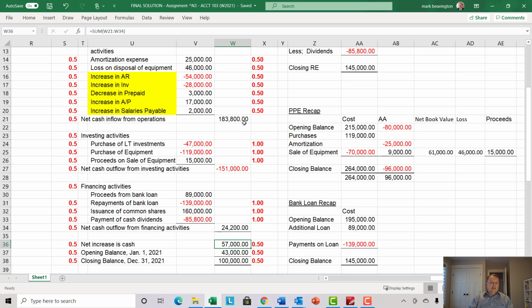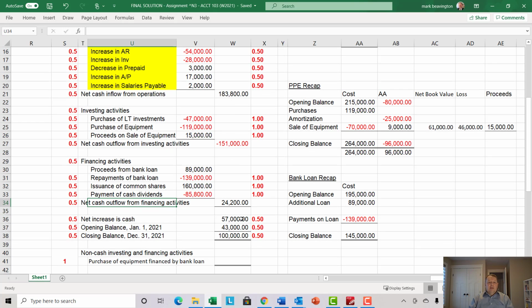That's the operating activities with a net cash inflow of 183.8. Net cash outflow for investing activities of 151,000, and net cash outflow from financing activities. Well, this is not an outflow. This is actually positive. It would be an inflow, but we've got a little trick coming around the corner here in just a second.